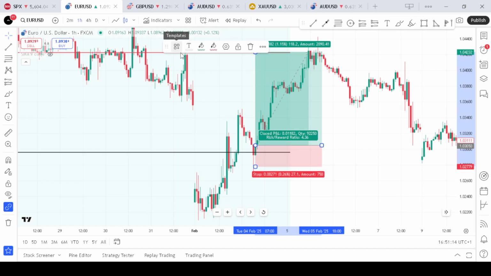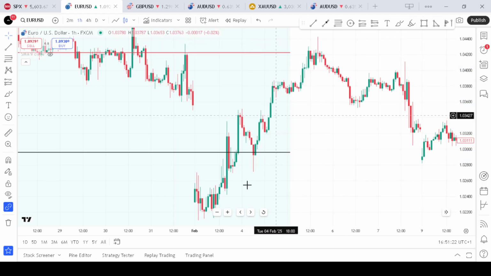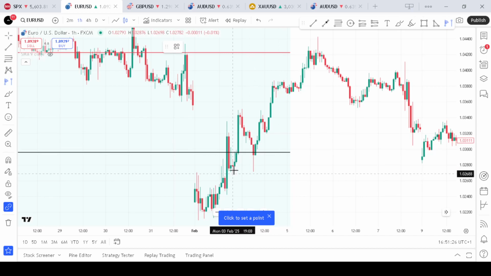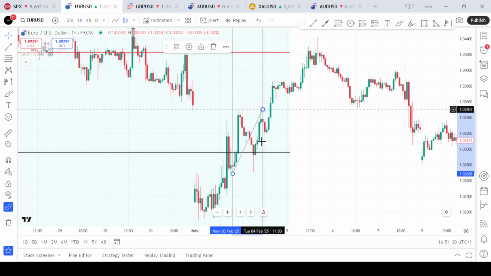This is how we can use the multi-time frame approach to refine our trading strategy and improve our trading accuracy. You can still decide to make use of this volume area tool to mark out your lower time frame area to see areas of higher trading volume.